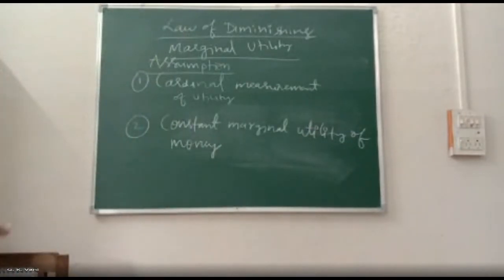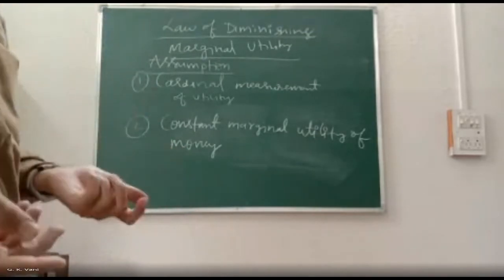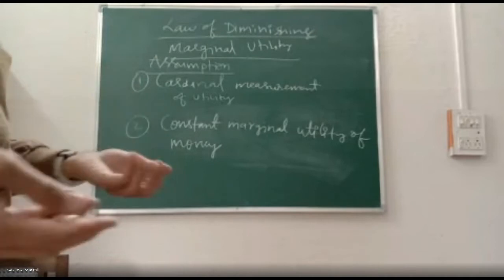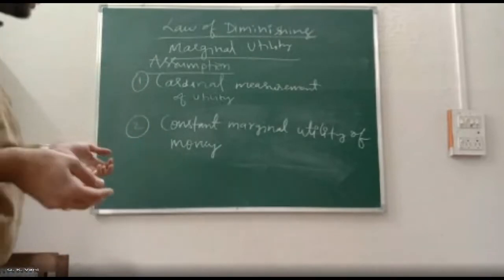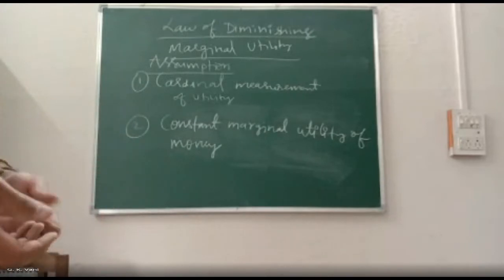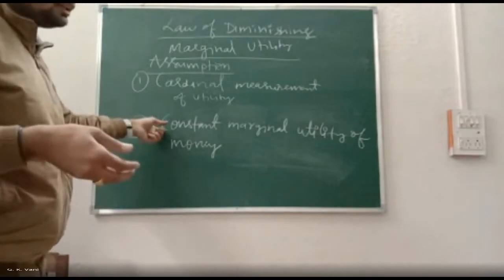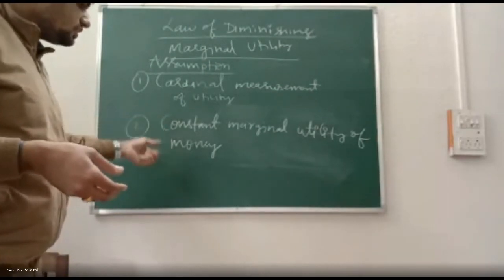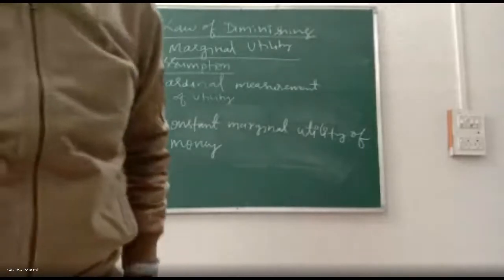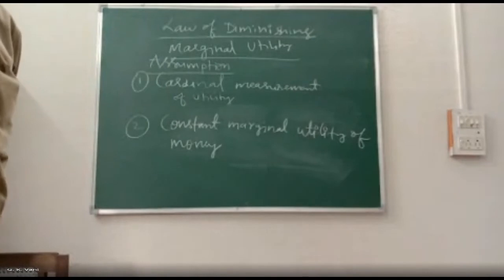Why did we make such an assumption? Because when you have more money, its utility is less to you, and when you have less money, you have more utility of it. Marshall thought that if money's utility is not constant, how can it measure something whose utility changes? So he said that if money is supposed to provide the measuring rod of utility, then, as with all measuring rods, its unit must be invariant.